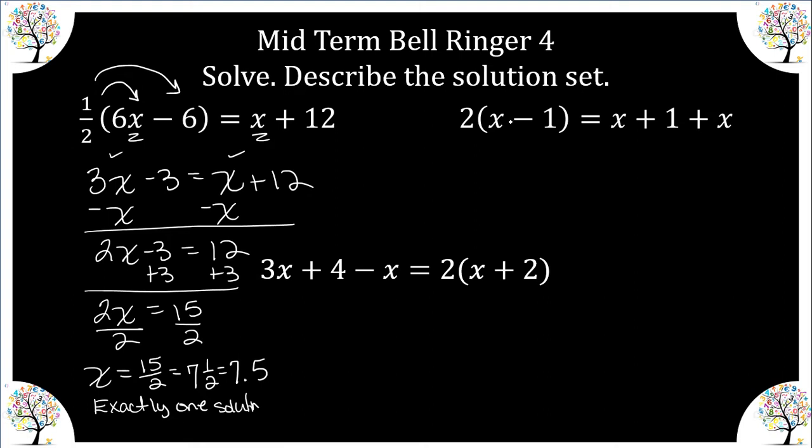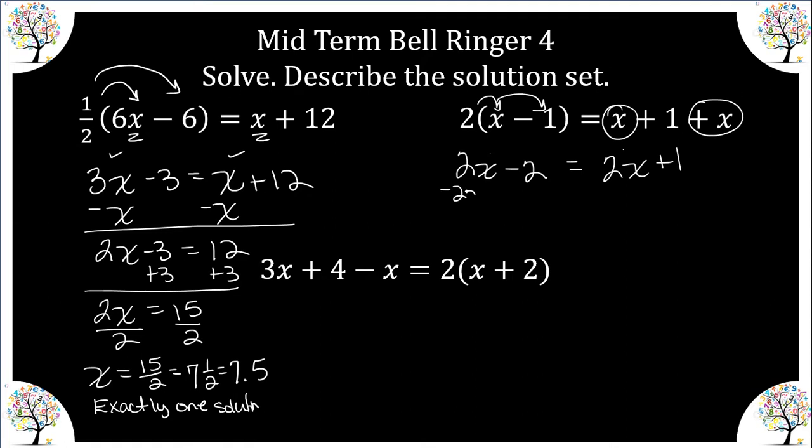In this example, we need to first distribute on the left, and then we can combine like terms on the right. So we're going to distribute the 2, and we get 2x minus 2. When we combine 1x and 1x, we get 2x plus 1. Again, we have variables on both sides, so we're going to address the variables before the constants.